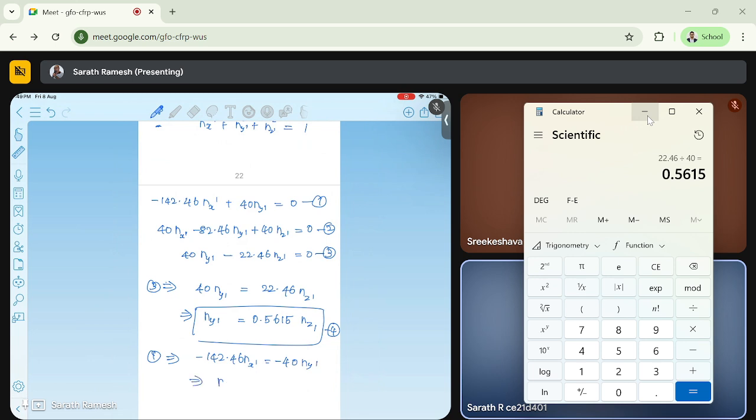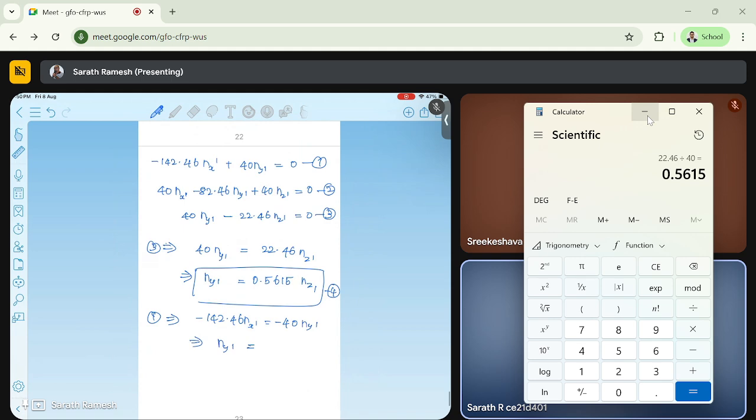Now again ny1 can be given as 142.46 divided by 40, 3.56 nx1. This is equation number 5.